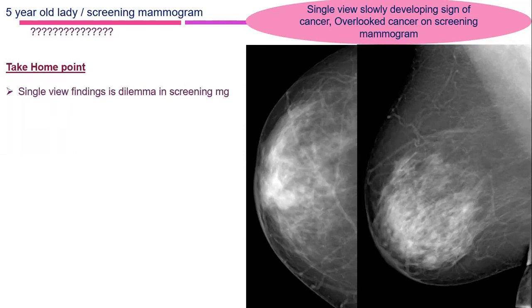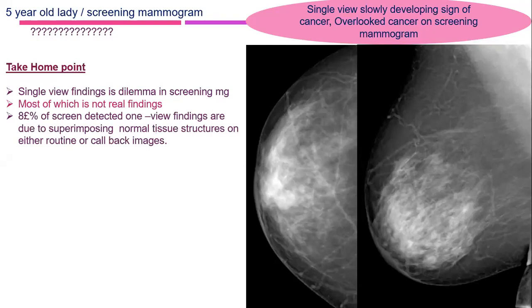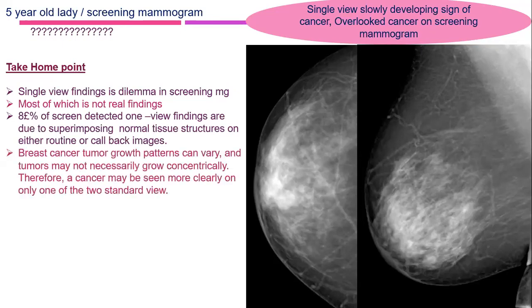A single view finding is usually a dilemma in screening mammography, because most are not real findings: 83% of screen-detected single view findings are due to superimposition of normal structures on either routine or callback images. However, breast cancer tumor growth patterns can vary, and a tumor may not necessarily grow concentrically, so you can see it in a single view.